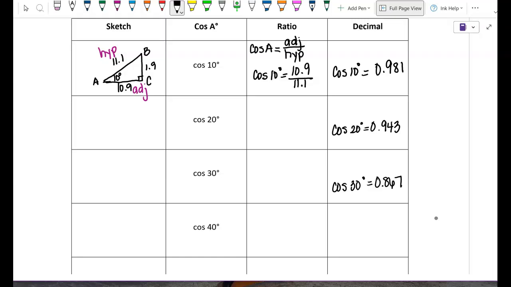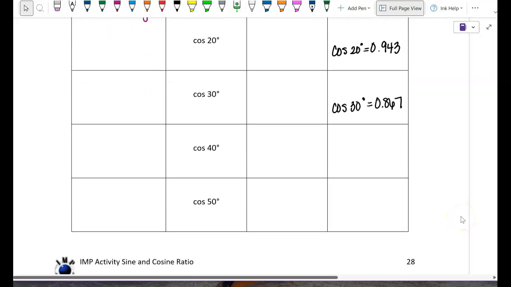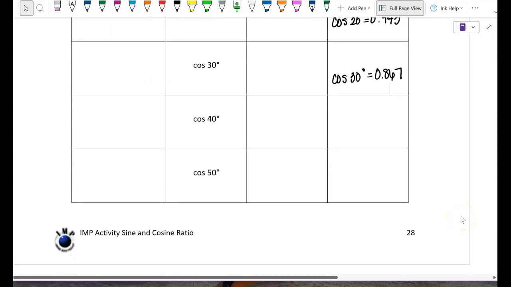So what this tells us is we need to be careful when we're setting up our division. We need to make sure we're using the correct values. All right, so Sergio, back to your group. What did you guys get for the cosine of 40 degrees?